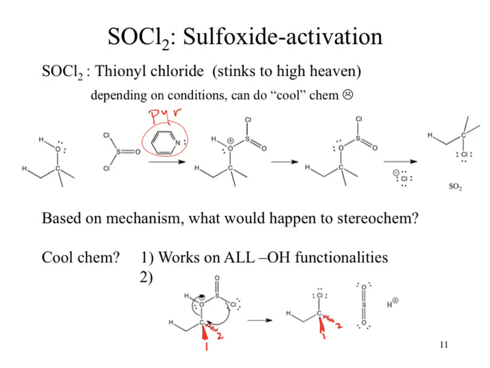So we have to be careful with what conditions we're actually putting our thionyl chloride in. Okay? We'll either see inversion or we'll see retention. Those are our two options that come out of it. So if we don't use pyridine, do we have retention? You have retention without pyridine. That's because the pyridine just kind of works on the top stuff, so the chlorine comes from underneath. Kind of blocks the top action.